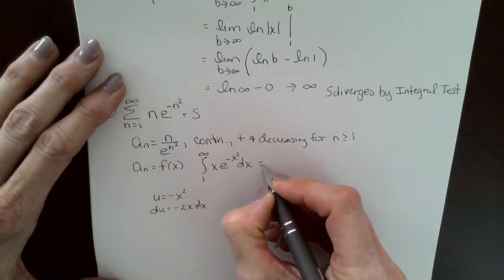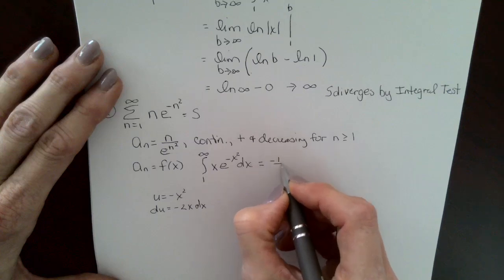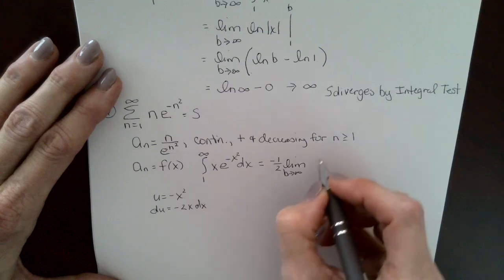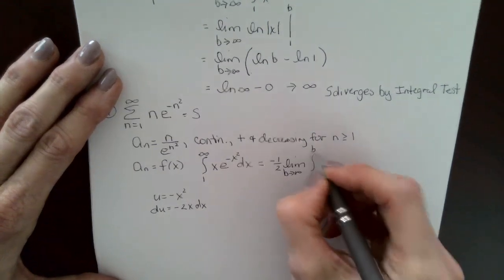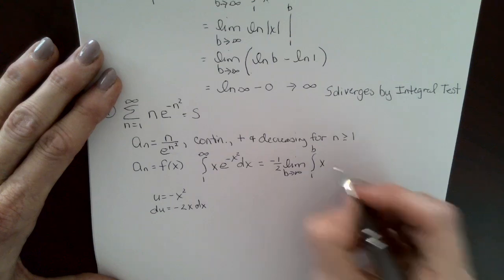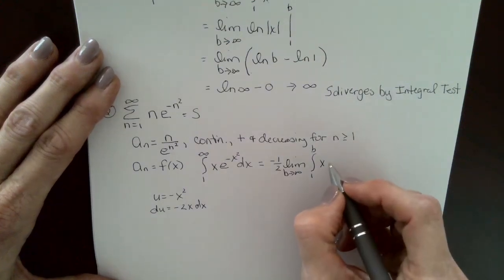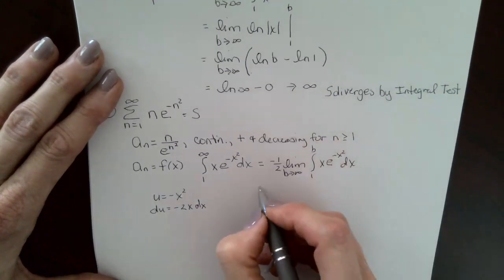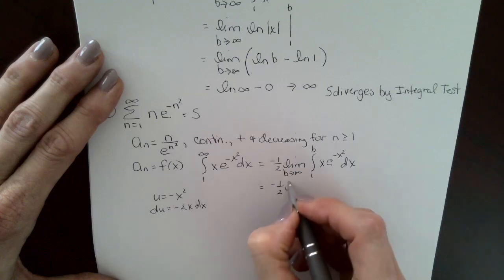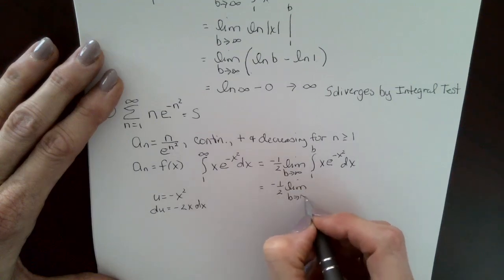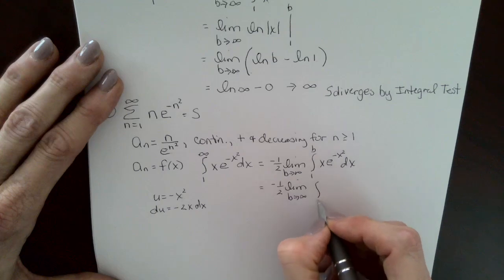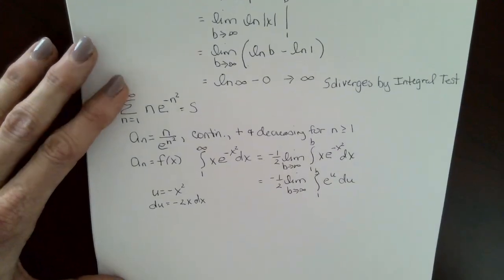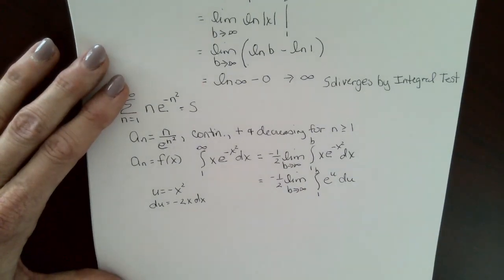I'm going to say this is equal to negative 1/2 times the limit as b goes to infinity of the integral from 1 to b of x, whoops, no, I'm going to write this and then redo it with u-sub, e to the negative x squared dx. Now I'm going to substitute that with u. Limit as b goes to infinity of the integral from 1 to b of e to the u du. Is that good? Because your x is canceled and we dealt with that negative 1/2.